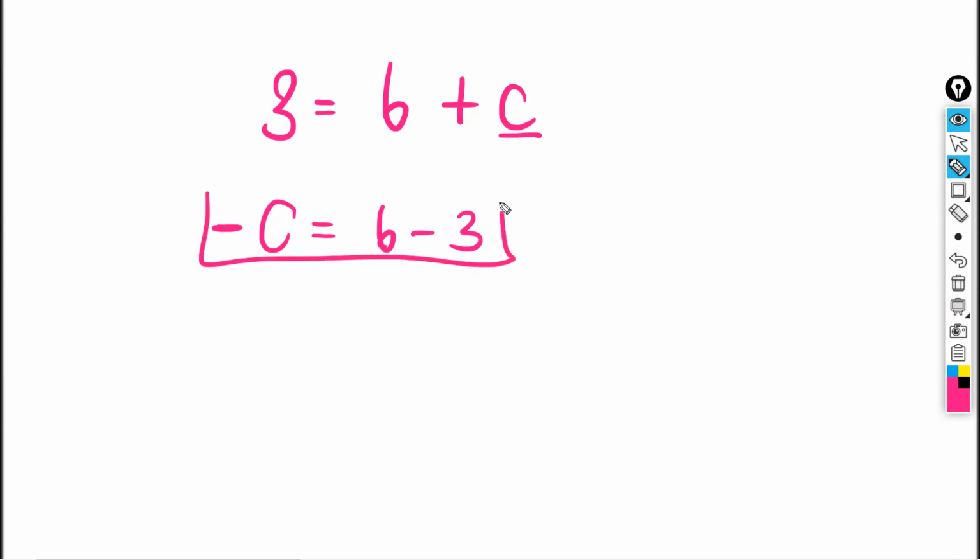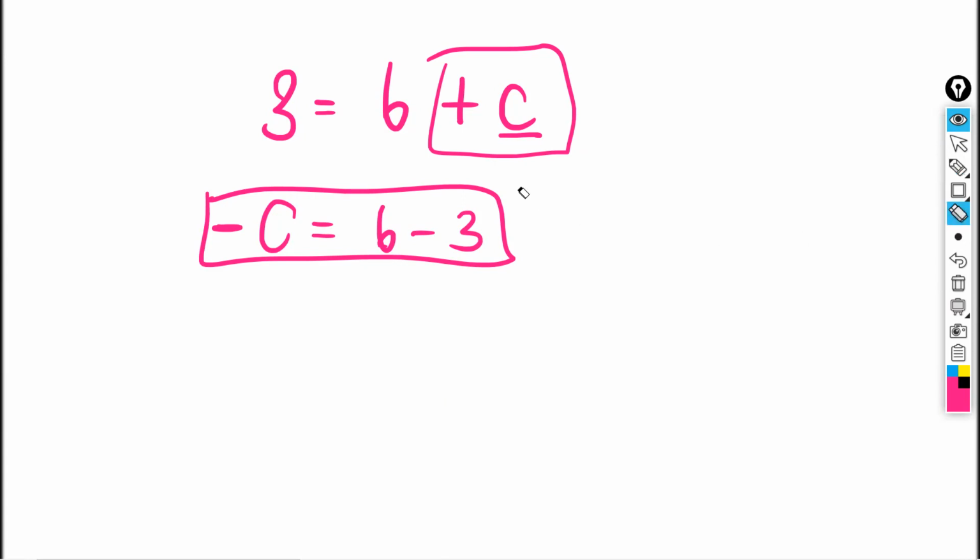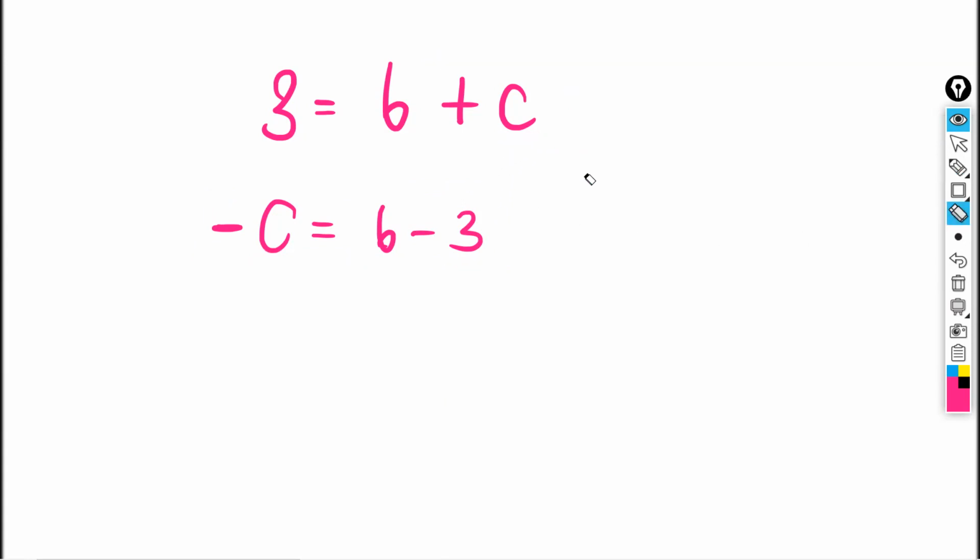You can't carry the positive C over to the left side and keep it positive. That's not mathematics, guys. Anything that goes over the equal sign has to change sign. Denise, do you understand what I'm saying?